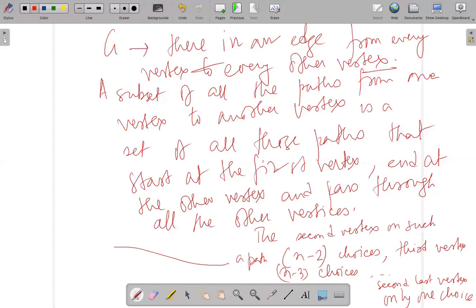So this leads you to a total number of choices of n minus 2 into n minus 3, and so on, up to 1, which is n minus 2 factorial, which is worse than exponential.